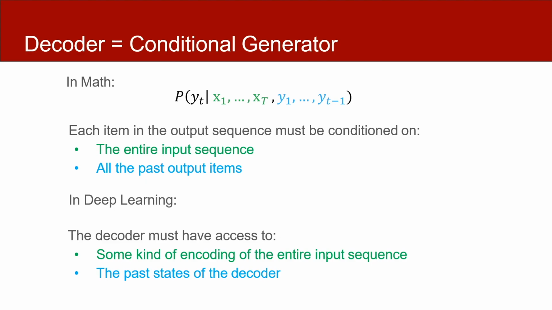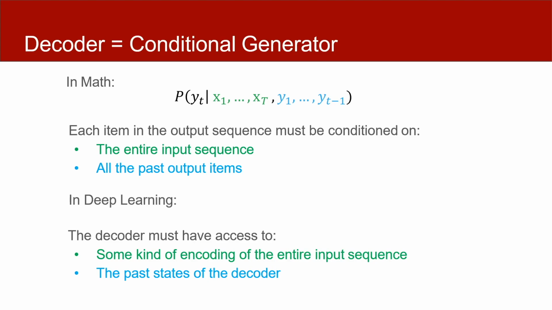The decoder is essentially a conditional generator, which generates a label yt given the input sequence x1 through xt and also the previously generated outputs y1 through yt minus 1. So in deep learning, the decoder has to have access to some kind of encoding of the entire input sequence and the past states of the decoder.